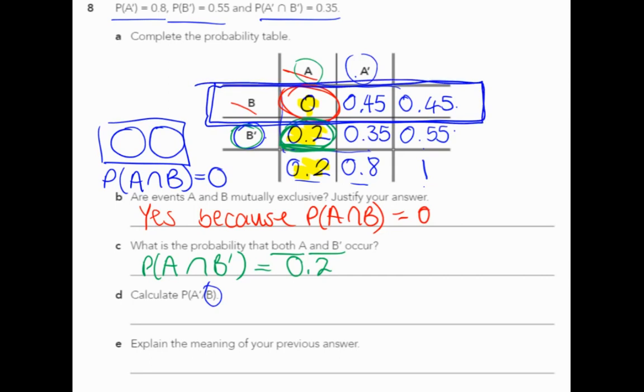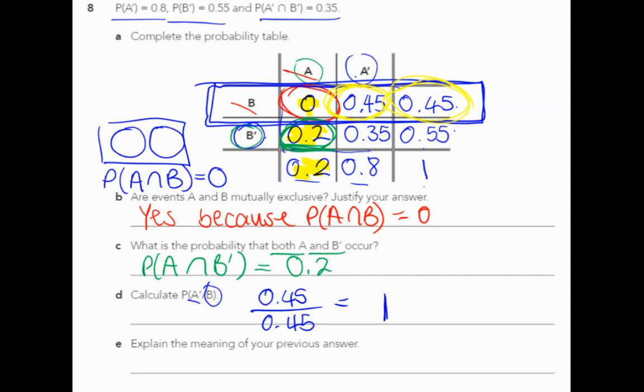We are just looking at the fact that B is happening. So out of that box, the probability of A dash happening is this 0.45. Out of the whole probability, which is probability of B, which is 0.45. And if you divide those two together, you equal 1.